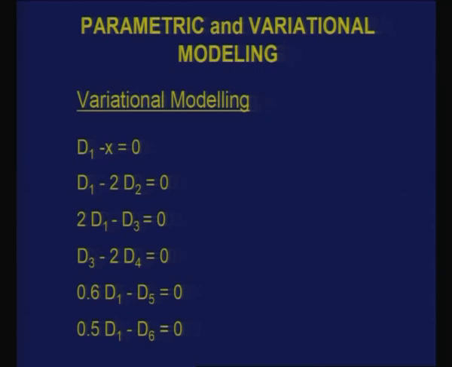Both the parametric and variational models of this particular object in terms of equations are this. Usually you may have equations with trigonometric relations, square roots, or polynomials. So sometimes it is not possible to solve these equations analytically, and you may even go and solve them numerically.